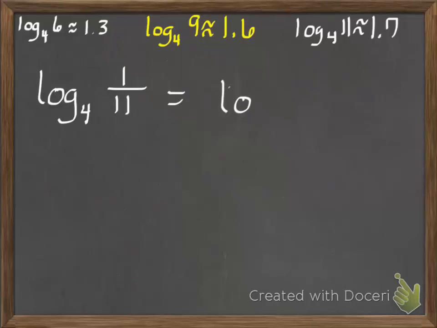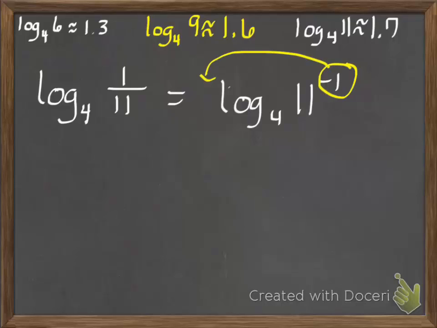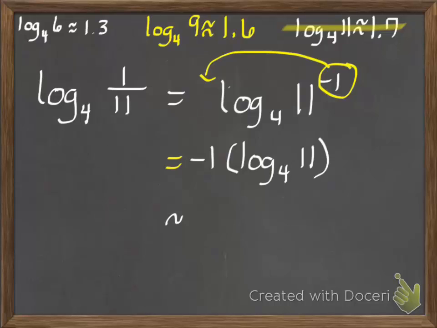So that's the same thing as log base 4 of 11 to the negative first. So you're using the exponent rules that we learned last chapter to help us with these. That negative 1 can come to the front. And so negative 1 times log base 4 of 11, and that is approximately negative 1 times this information here.